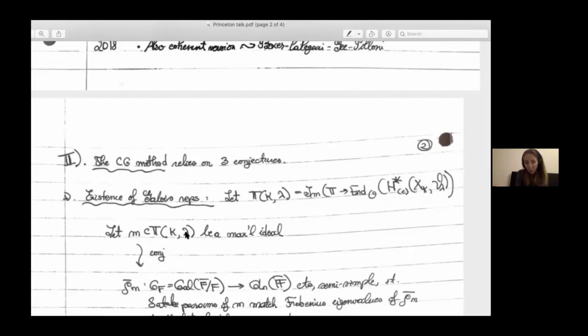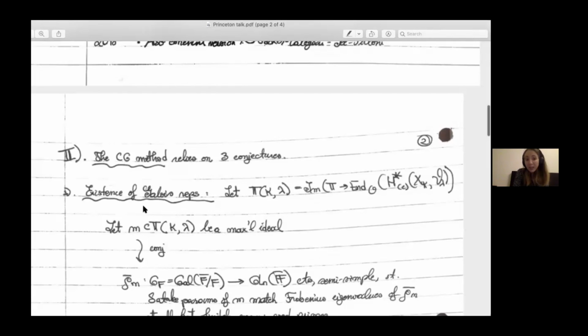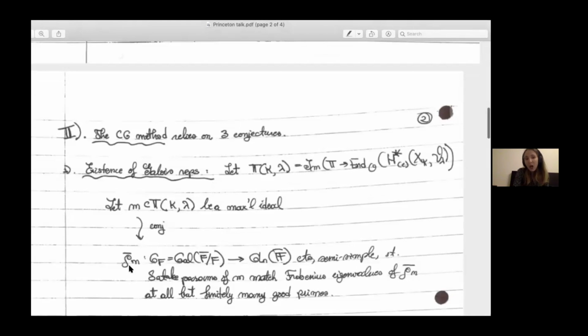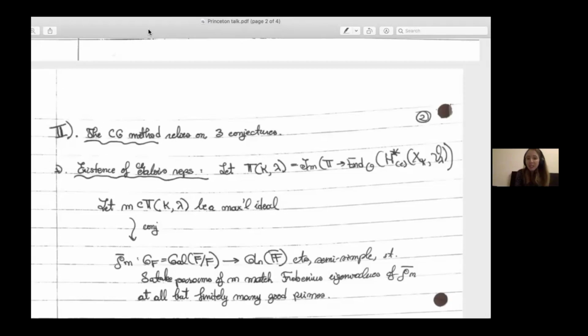And then what the direction automorphic to Galois would suggest is that there should exist a global Galois representation of the absolute Galois group of F that is valued in GL_N of, say, F bar, which is continuous, semi-simple, and which is associated to M in a precise sense.